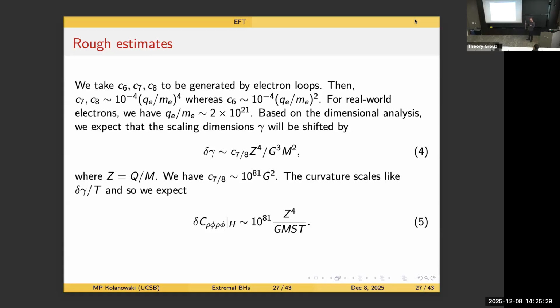Simply because you have four photon vertices, each one gives you a factor of Q, and you have four electron propagators, each one gives you 1/m. So this is where the scaling comes from. And it just happens that in Planck units, this is a very large number.